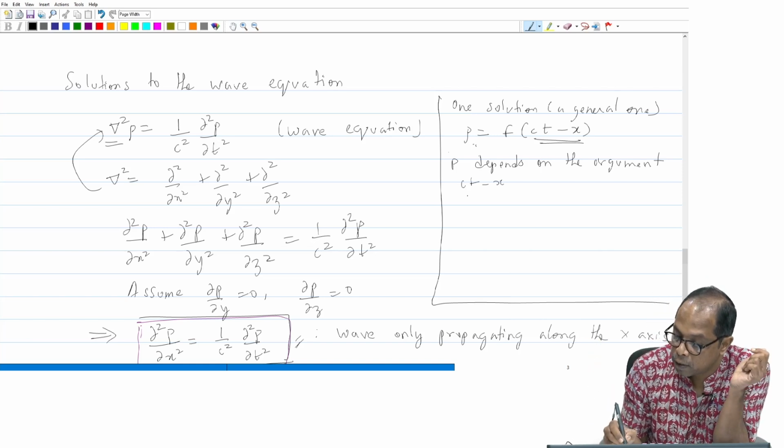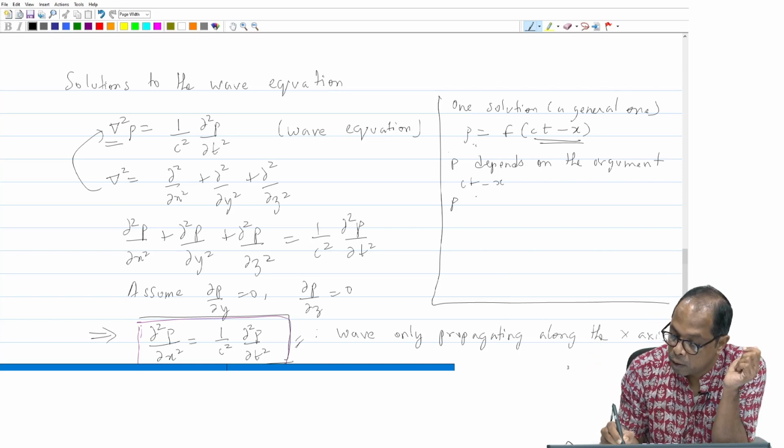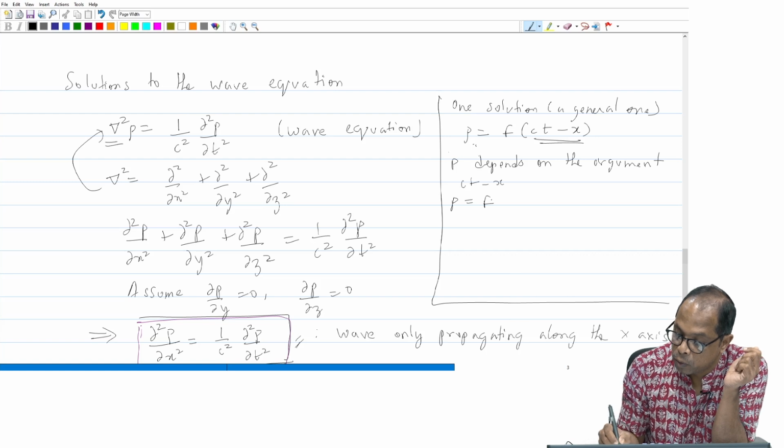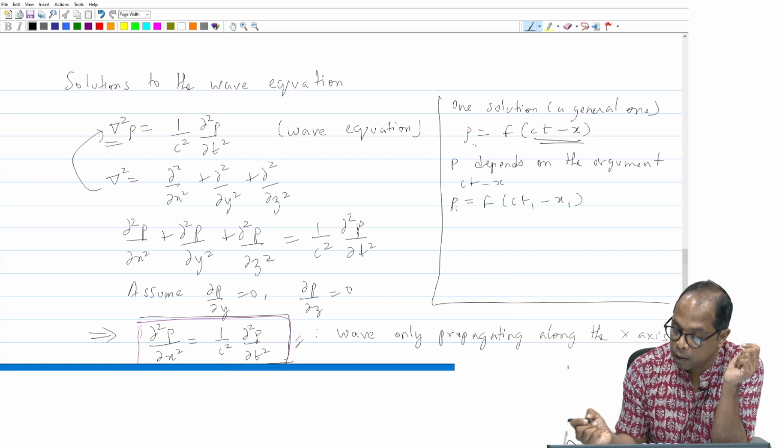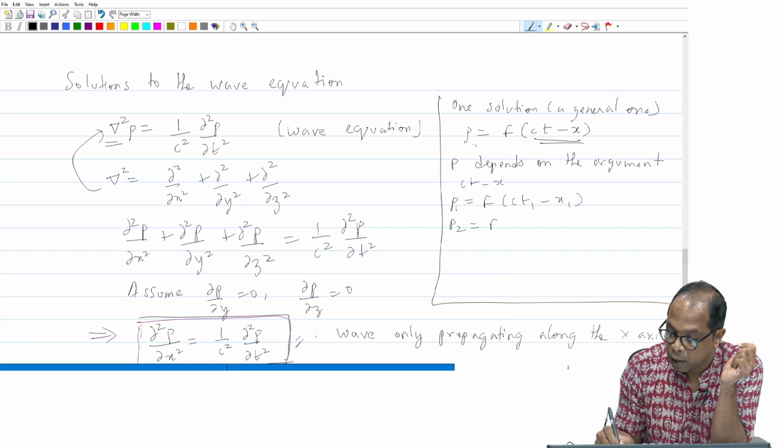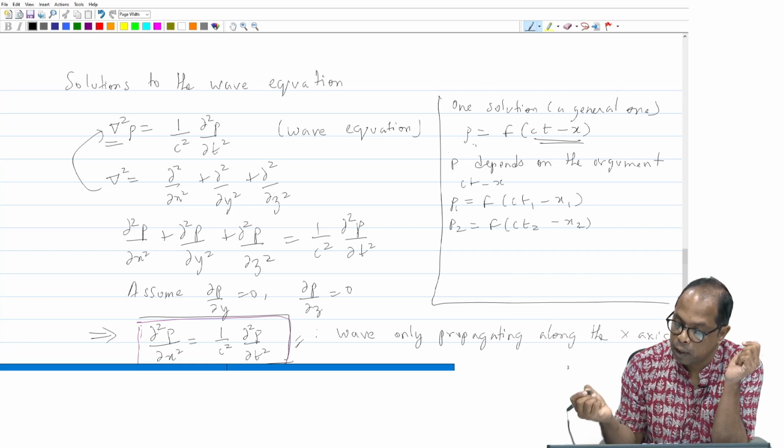What I am saying is, you could write p1 equals f of c times t1 minus x1, and then say I sample the waveform at another time t2 and another coordinate x2.